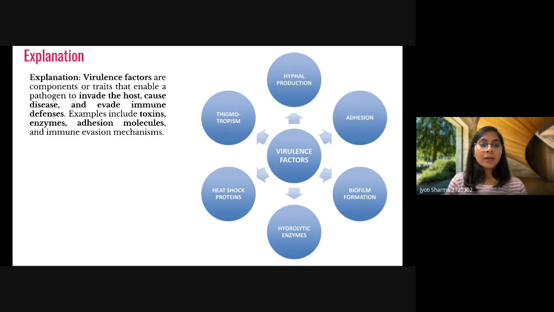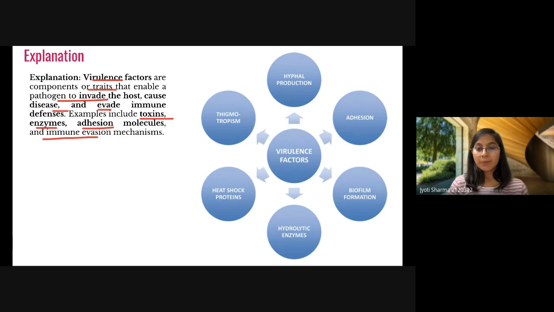So just see here, virulence factors are the components or traits that enable a pathogen to invade the host, cause disease and evade immune defense. For example, pathogens can secrete toxins. Pathogens have enzymes. Pathogens also have adhesive properties so they adhere to the outer layer of, let's say, the skin. They also have immune evasion mechanisms that come under virulence factors.